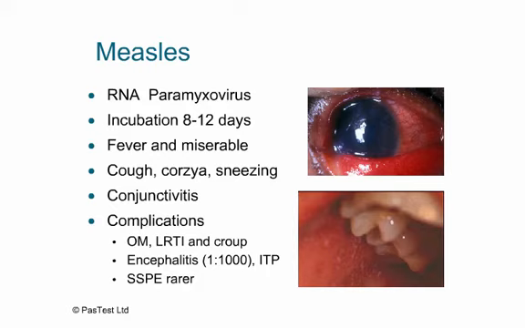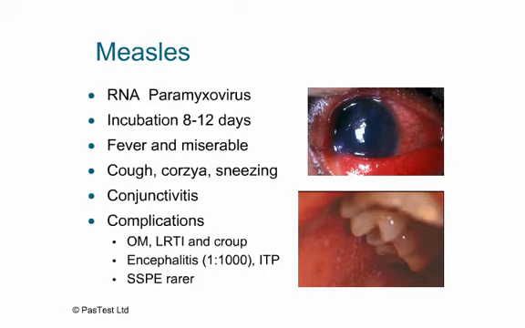Clinically, these children are characteristically really miserable and unwell. They have a good going fever and usually have respiratory symptoms as well, which can just be sneezing or coryza, but can be a cough and lower respiratory tract signs.